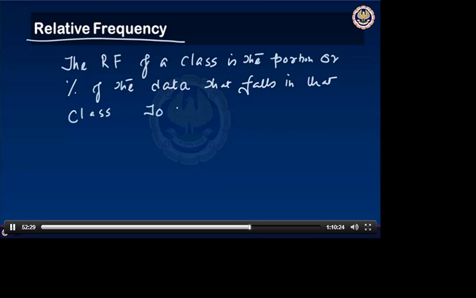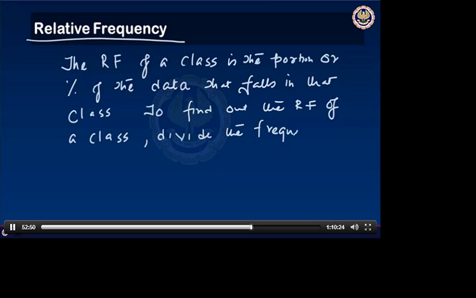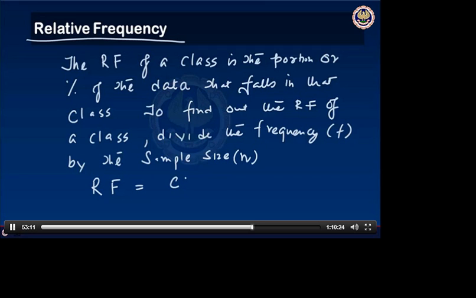So to find out the relative frequency of a class, we divide the frequency, which we can write as F, by the sample size, which we can write as N. So that means the formula of relative frequency that can be put in short as class frequency divided by sample size.